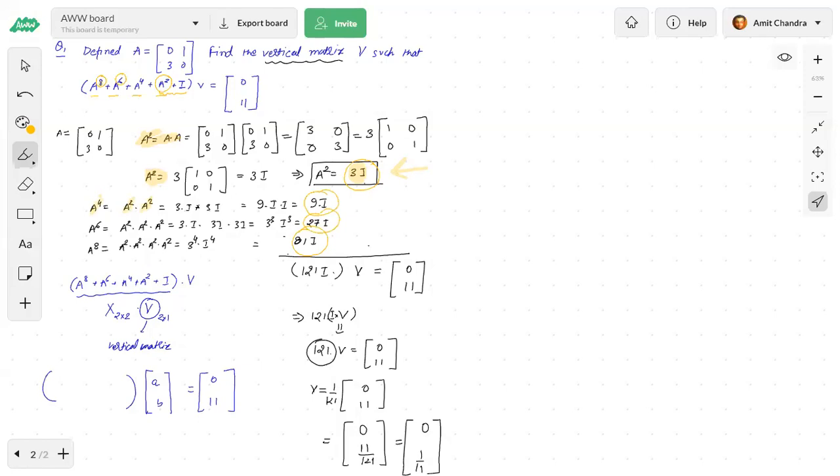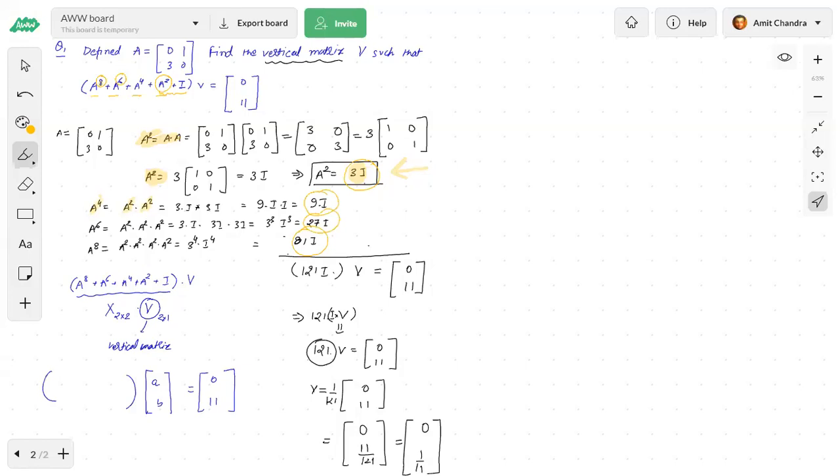So this will become 9 into identity square, and identity square is I only. So this will become 9 into identity. A to the power 6 is a square into a square into a square, 3 times, so this will become 3 into 3 into 3 into identity cube. Identity matrix cube is also identity. Next is a to the power 8, same thing.